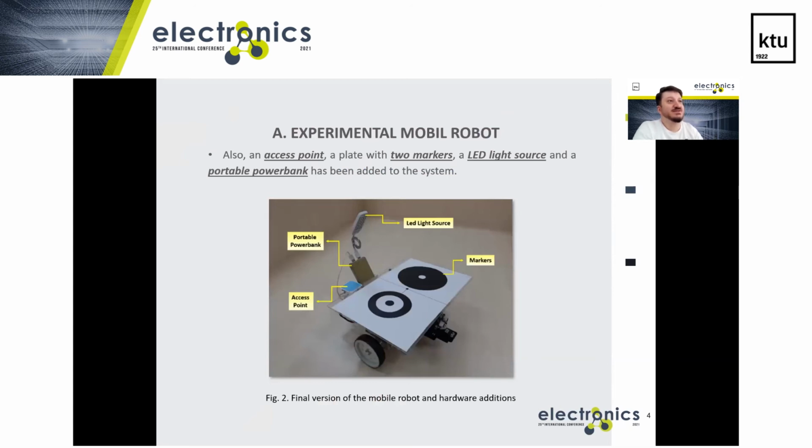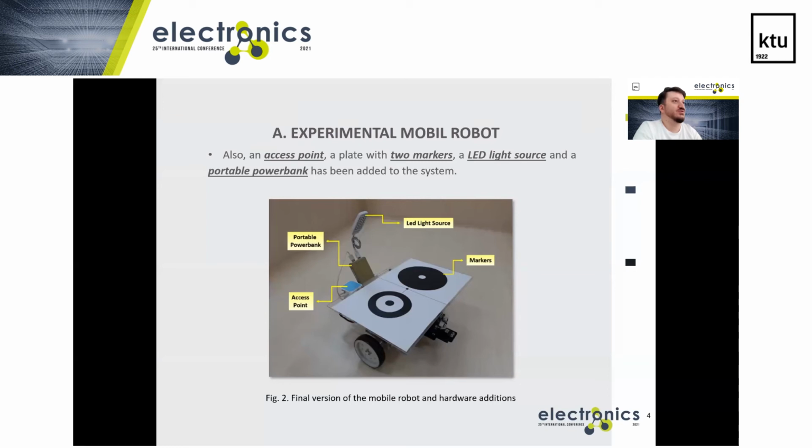Also, we made some additions to the mobile robot: an access point to obtain wireless communication between the computer and the mobile robot, and a plate with two markers. We used this plate for image processing to localize the mobile robot, its posture and heading angle, with a camera mounted on the ceiling of the lab, which is our working environment, and a LED light source.